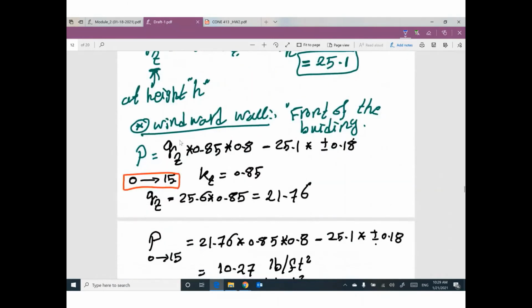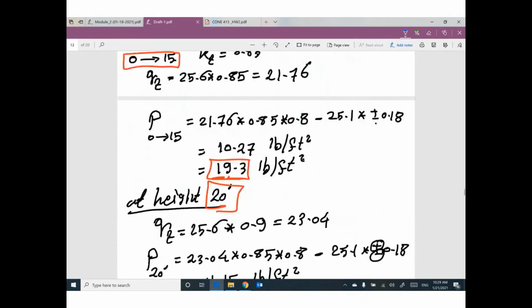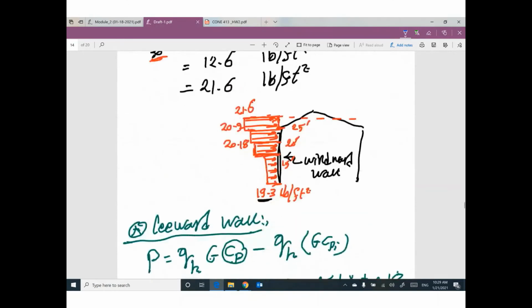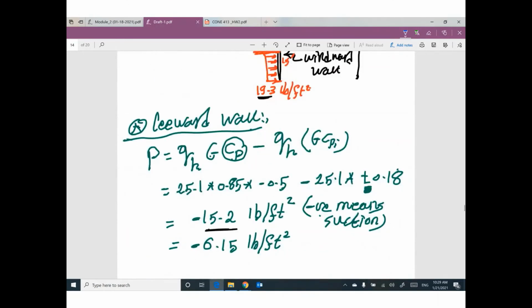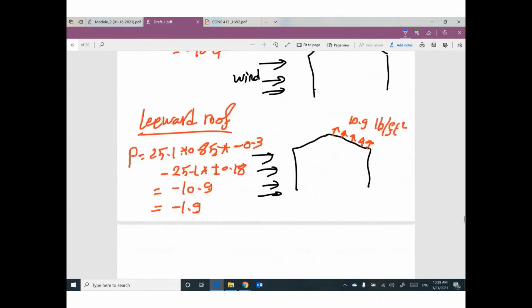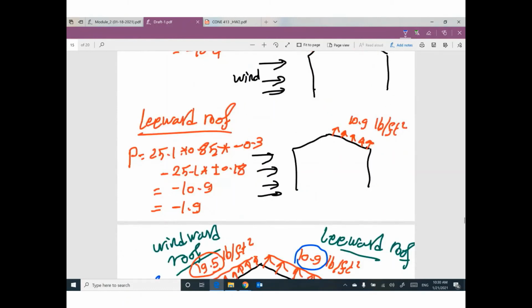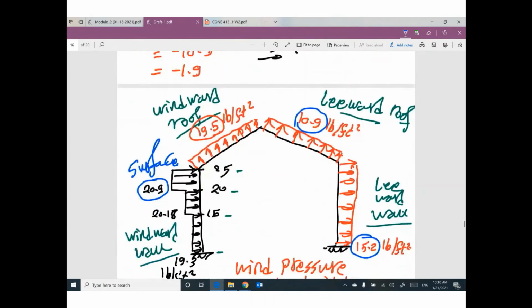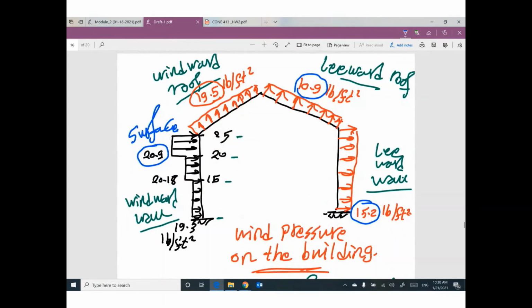I will start with windward, then leeward, then for the roof, we have two parts of the roof. The windward roof has a different value of CP, and then the leeward roof has another value of CP. Once you are done, the final values of the wind pressure look like this.